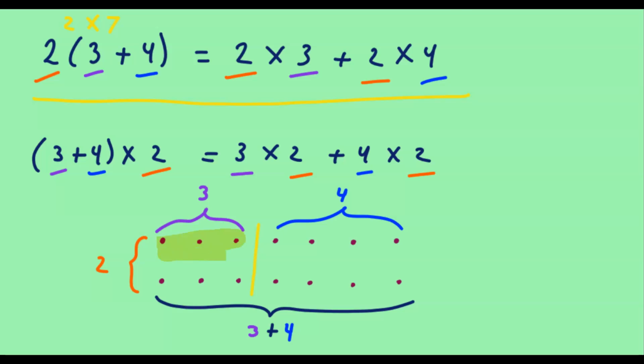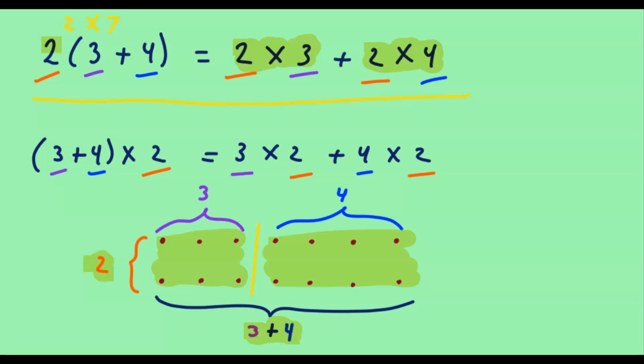So here we can see that we have 2 rows of 3 dots. And this represents 2 times 3. Over here we have 2 rows of 4 dots. And that represents 2 times 4. And the whole thing is 2 rows of (3 plus 4) dots.